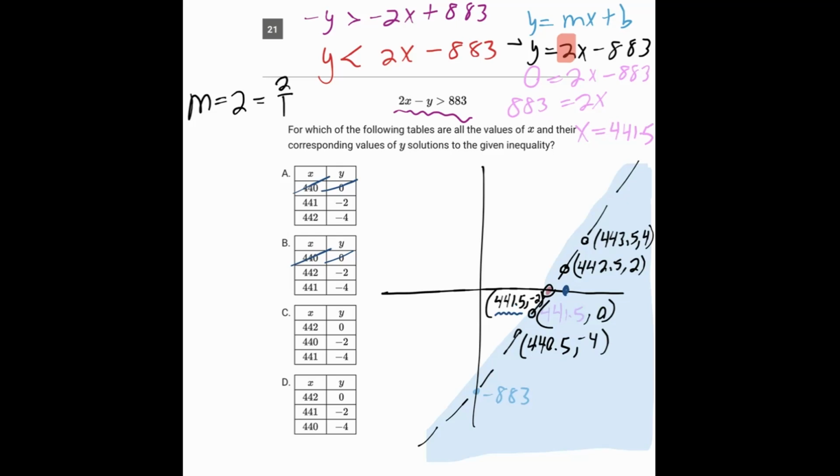That's this point that I'm going to highlight in red right now. So if we stayed at the same height but went to the left to 440, it puts us around here, which is out of the solution set. So 440, negative 2 is out, and we've narrowed out points from A, B, and C, and therefore the answer has to be D here.